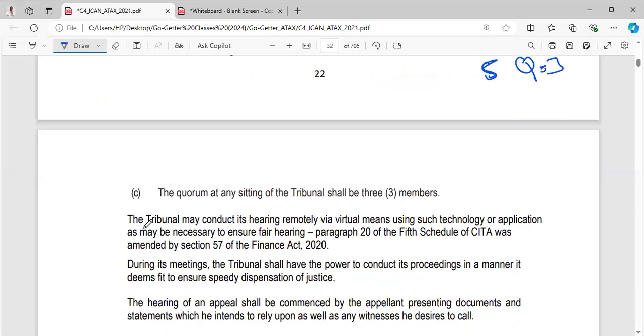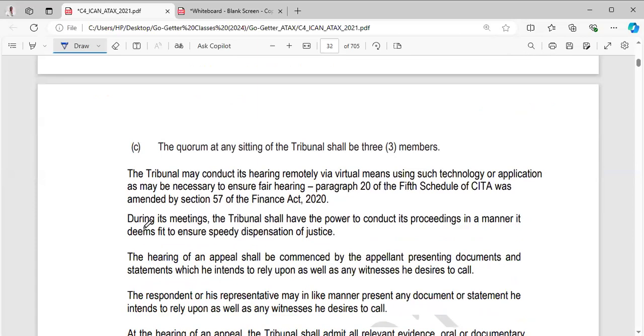Now, the tribunal may conduct its hearing remotely. According to the Finance Act 2020, paragraph 20 of the 5th schedule, it can now be heard remotely by means of such technology or application as may be necessary. Just the way we are having our Zoom class here, they may have a video conference via Zoom. It could be recorded. Of course, they will not have this meeting by WhatsApp.